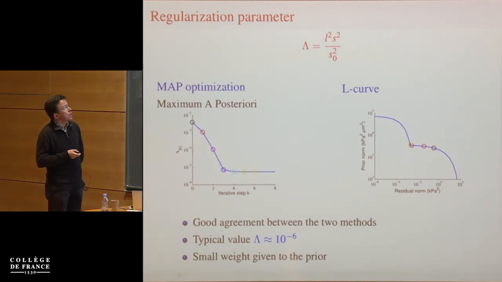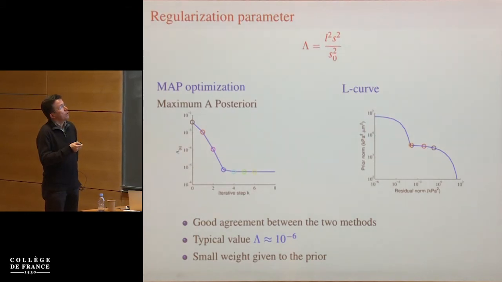Another way of doing things, which maybe is better tuned to Bayesian analysis, is to use what is called maximum a posteriori optimization, which consists in optimizing the a posteriori distribution function with respect to the parameters that we need, namely S and S0.